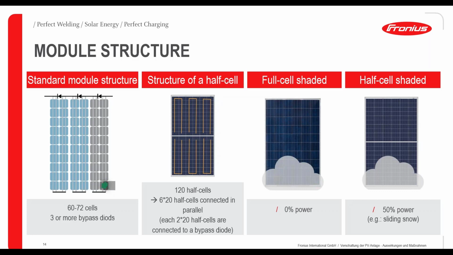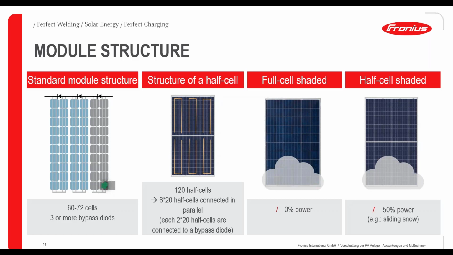And that's actually what we can see here on the right side. We have a system with a full cell, which is shaded due to a melting snow, let's say. The snow is melting and is sliding down there. In this scenario, we would have 0% output power because all of the strings are shaded.